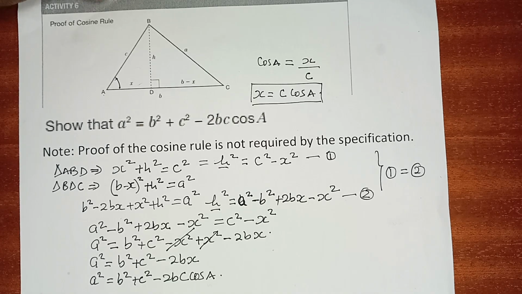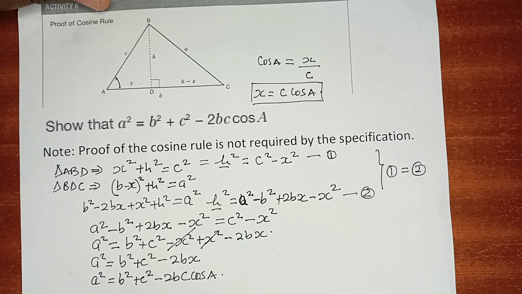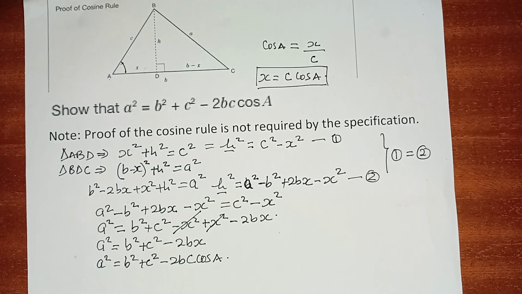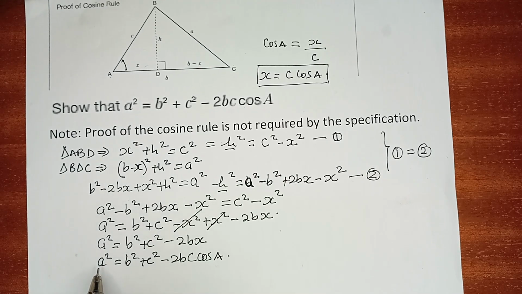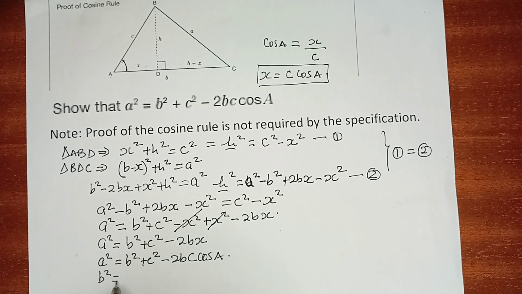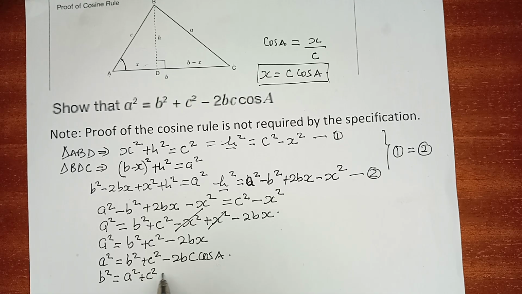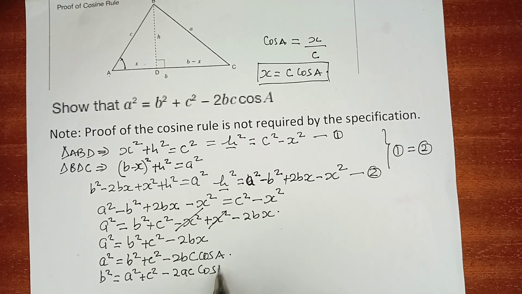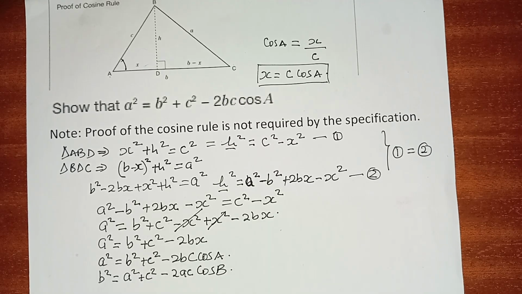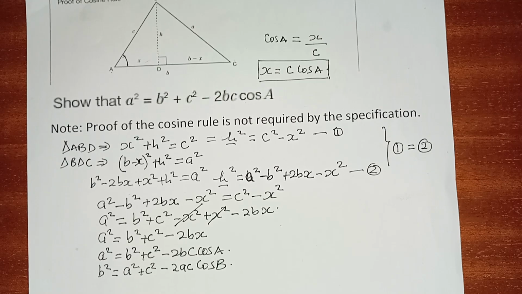Please note, it can be used to calculate any side. If we start with side a, we end with angle A. So we can also have b squared is equal to a squared plus c squared minus 2ac times the cosine of angle B.